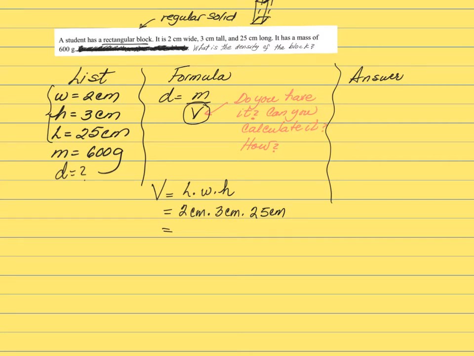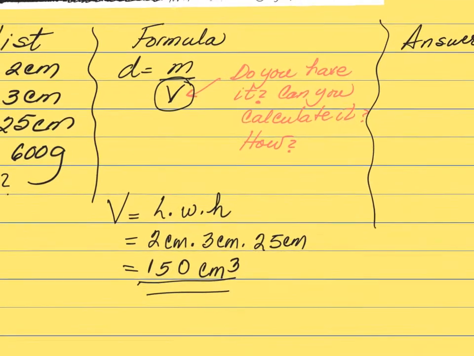6 times 25 is 150. Let me check that number in my calculator. So it's 150, and I have now the volume. With that volume, I'm coming over here.